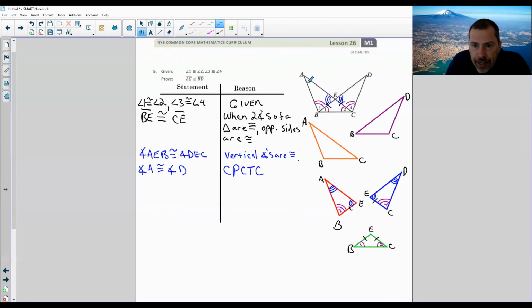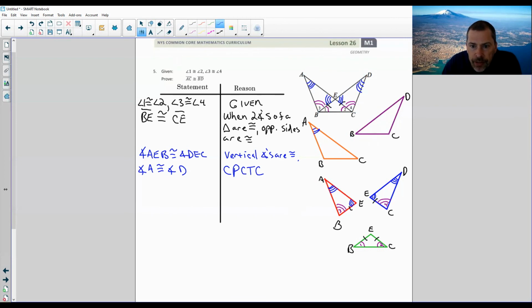So now I have 1, 2, 3, 4 arcs here. Okay, so remember we're trying to prove AC congruent to BD, and here's my diagram over here.